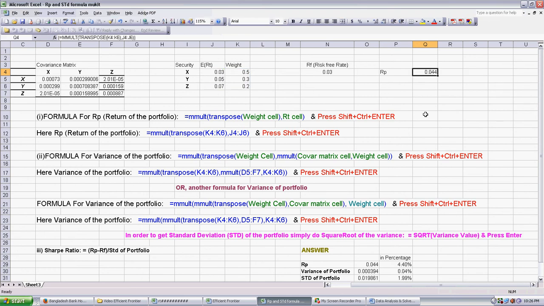Okay, here is the return of the portfolio.